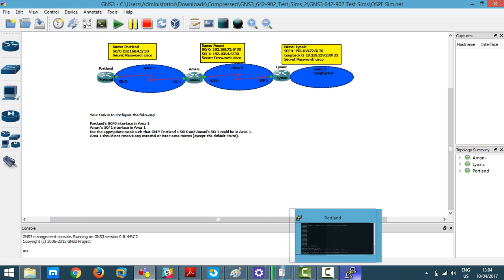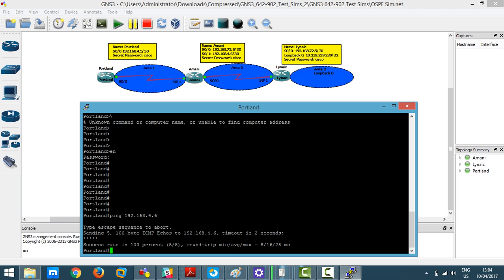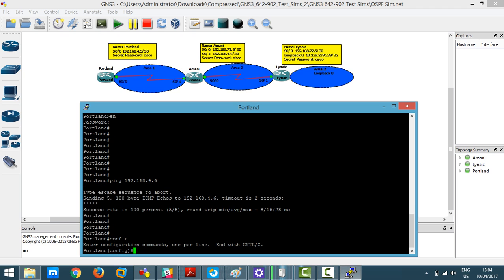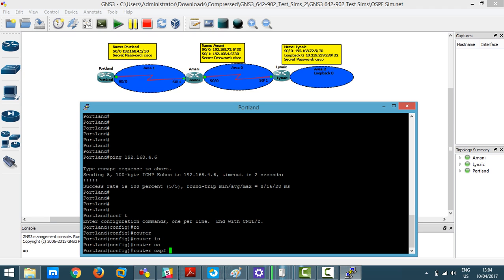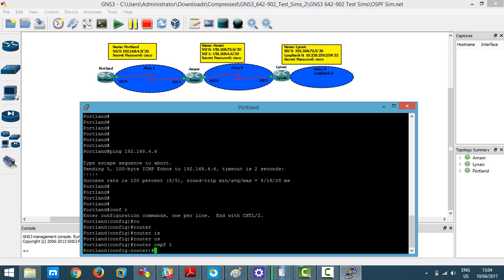So what I'm going to do is go to the Portland router and write router OSPF 1, and then network with this link and the appropriate wildcard mask. I think they had solved the wildcard mask. I don't think you people want me to do that for you.